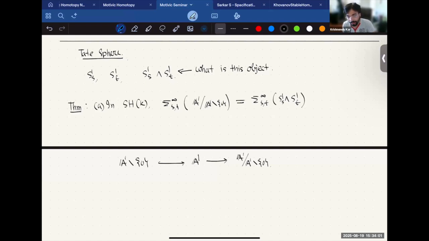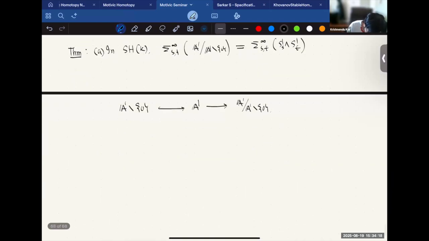From here you get the long exact sequence, you get the distinguished triangle in the SH(k). So your distinguished triangle will be the suspension spectrum Sigma infinity ST of A1 minus 0, which is your Tate sphere, by the way.